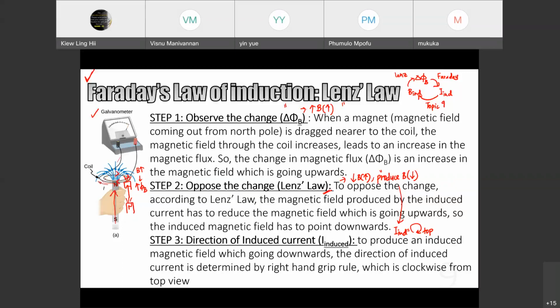So when the magnet is dragged towards the coil, there is a change in magnetic flux inside the coil. This causes an induced current to be produced moving clockwise from the top view. The current moving clockwise from the top view will produce a magnetic field, with your right-hand grip rule, which is going downwards, correct?